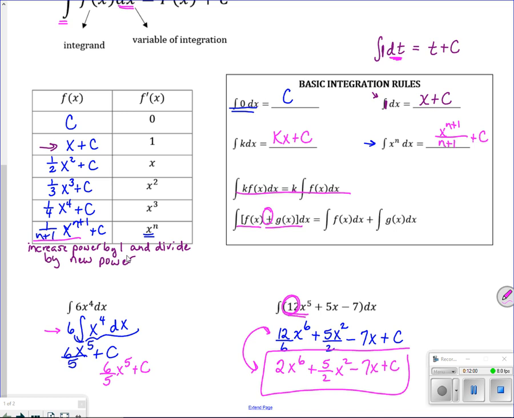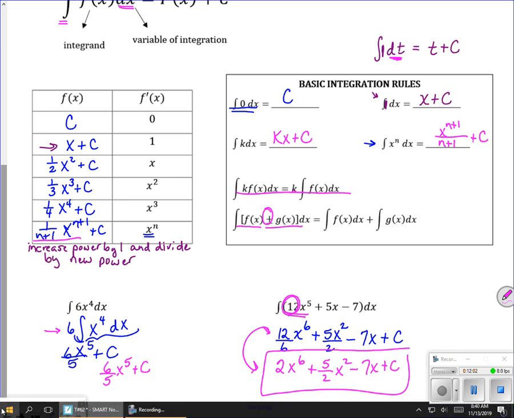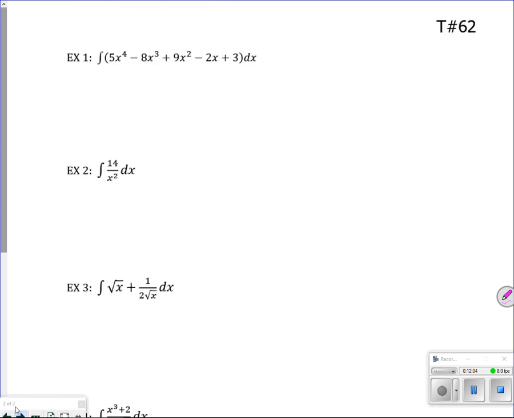So why don't you go to the back and try that next example. Don't get confused by the long list. You're just going to go down the line and take the integral of each thing. So here we go. You're going to have x to the 4th, x to the 5th, and your number will be 5/5.